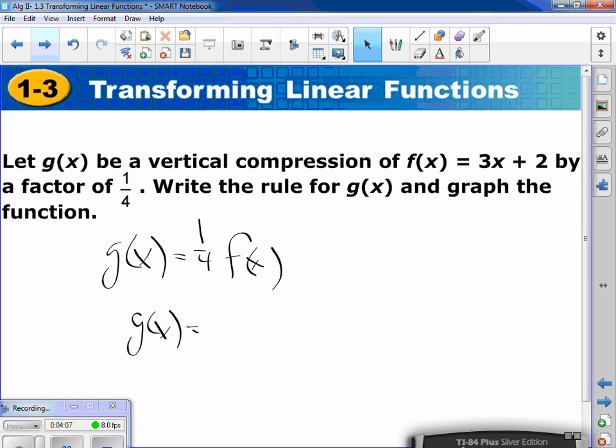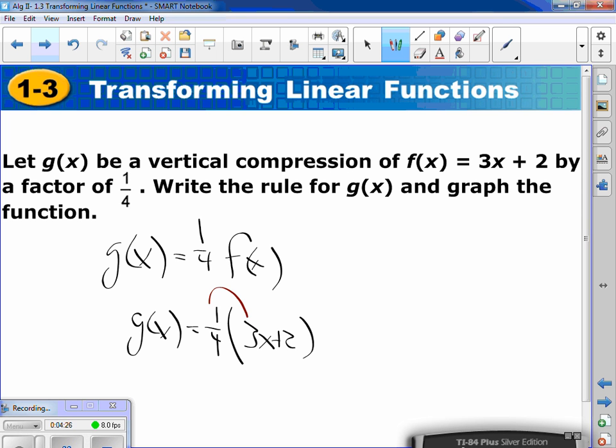G of x equals 1/4 times 3x plus 2. I took the entire function of f and multiplied it by 1/4. Now I distribute.